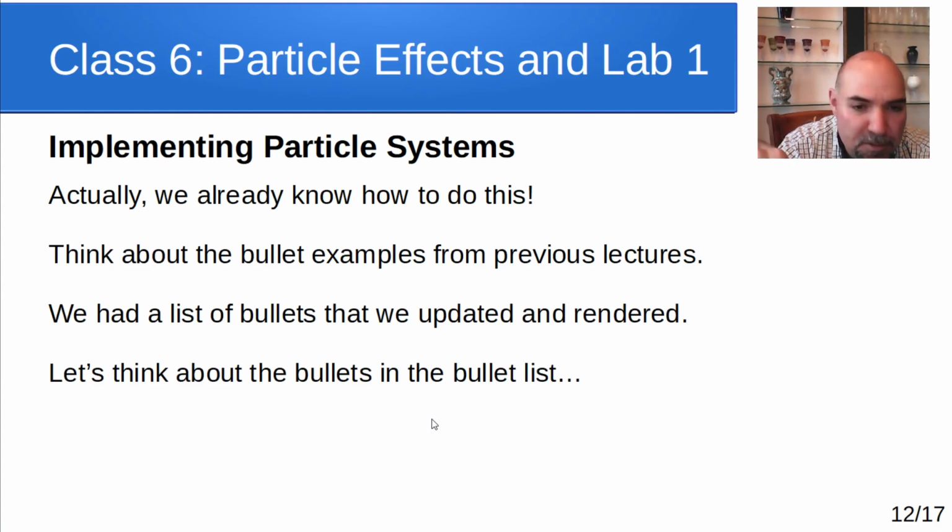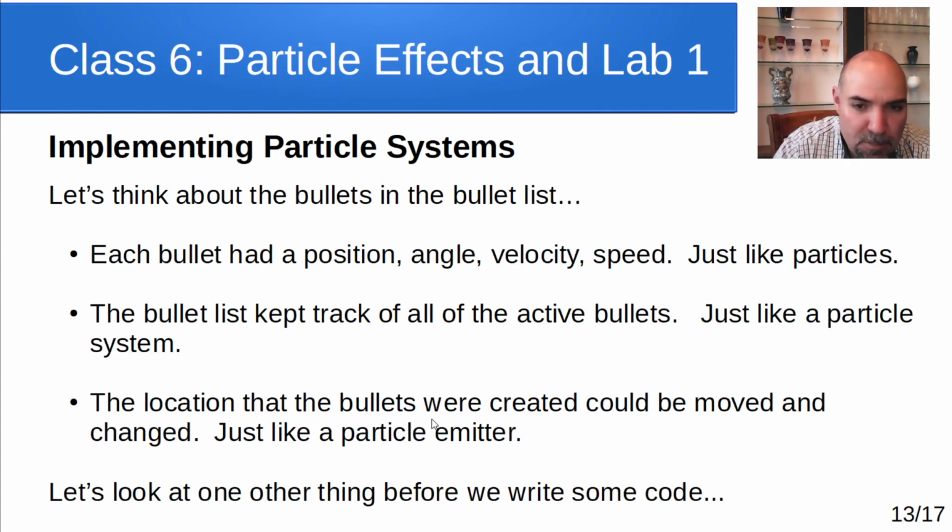That list of balls or bullets or whatever we wanted to think of it as, being updated and rendered, is a lot like what we were talking about with these particle systems. If we think about those bullets in that bullet list or the balls in the ball list, each one had a position, meaning an X and a Y, an angle of travel, and a velocity that it was moving at, which is the same as the speed.